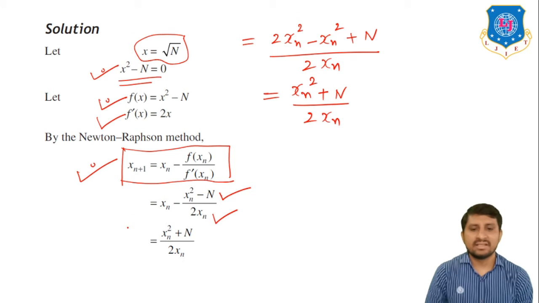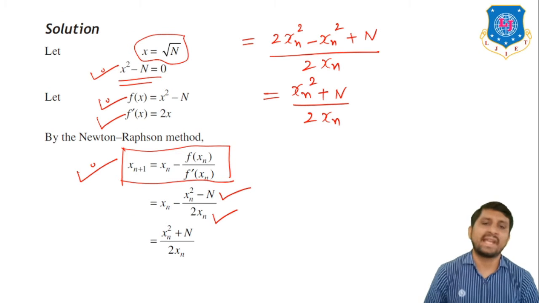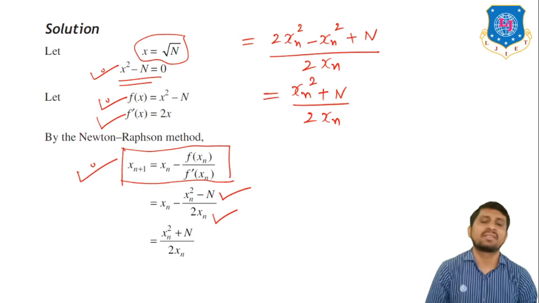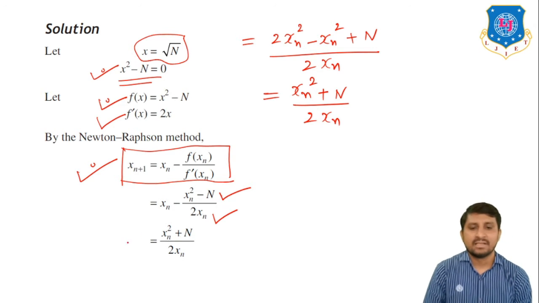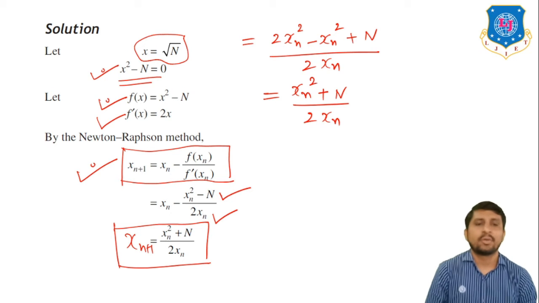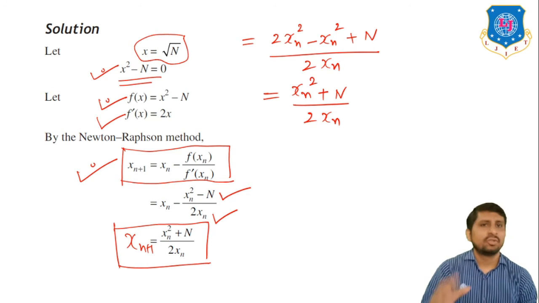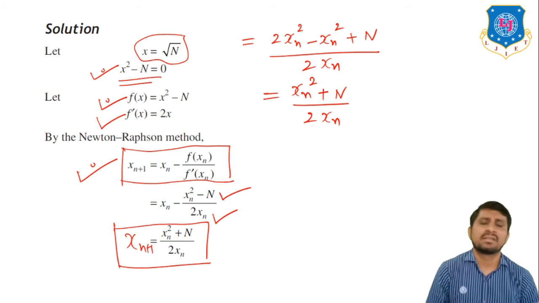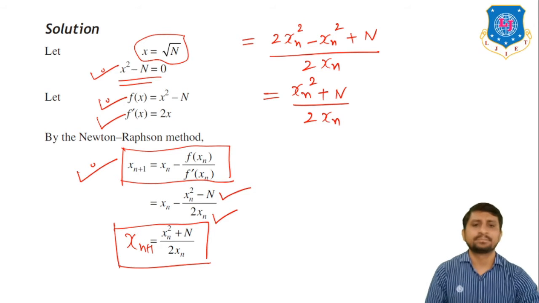Clear? So this is the formula for the square root of n for any natural number n using the Newton-Raphson method. So the formula is x(n+1) equals xn square plus N upon 2xn. Right? So easily we can derive the formula for the square root of n using the Newton-Raphson method.